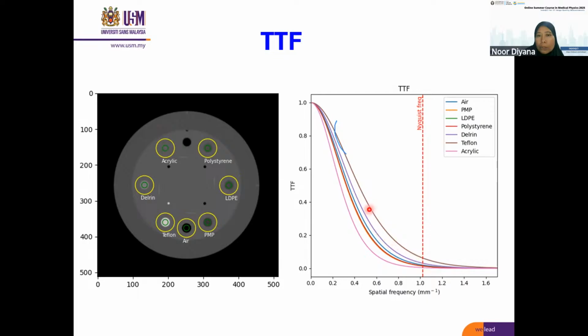Because Teflon is a high density material, it gives you the highest contrast with the background, so it has a higher curve compared to acrylic. This is the Nyquist frequency, the limit of our spatial resolution. Then 50% here, and then 10% here. So this is 50%.